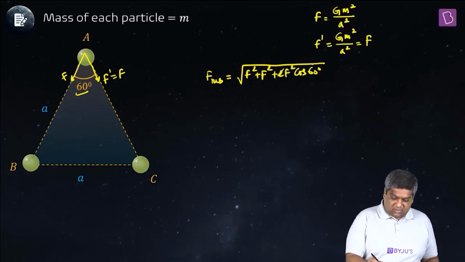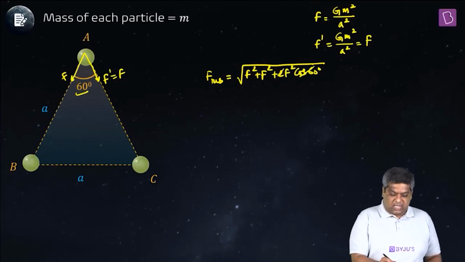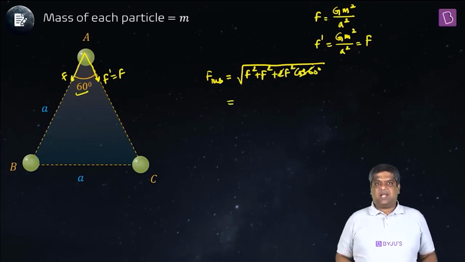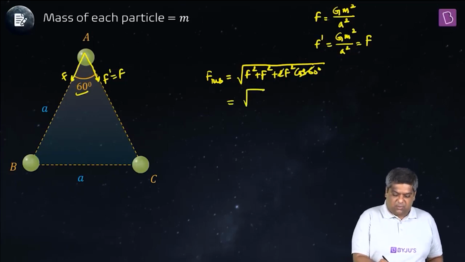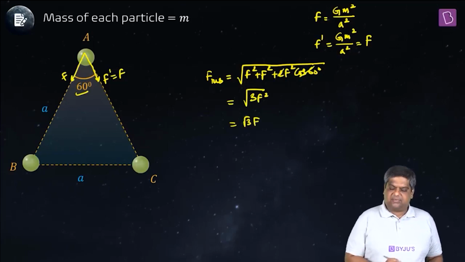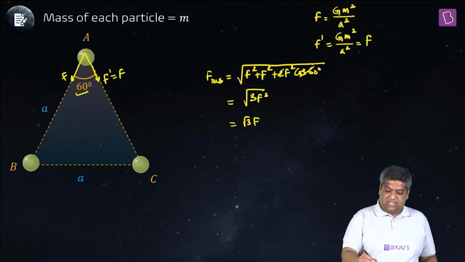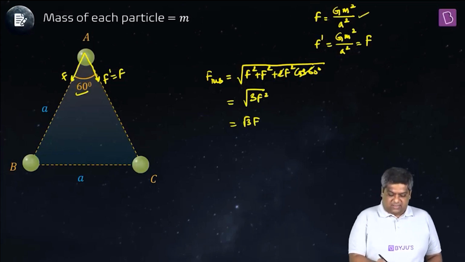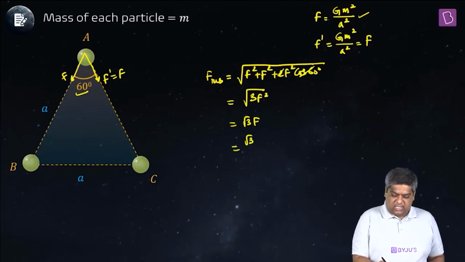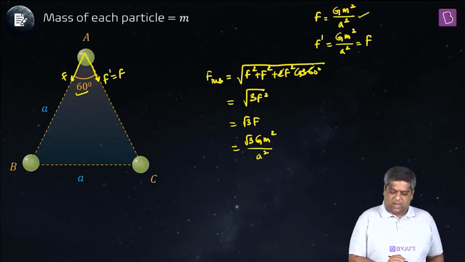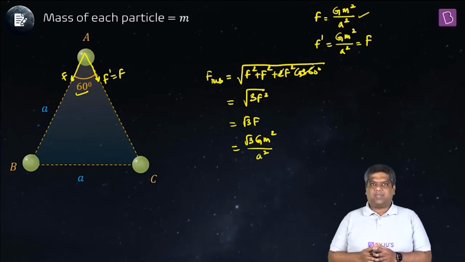So it cancels off with 2 there. So I'll have root of F squared plus F squared plus F squared, which is root of 3F squared, which is root 3F. And F is GM squared by A squared. So it is root 3 GM squared by A squared in magnitude.